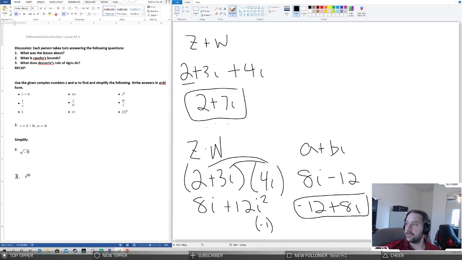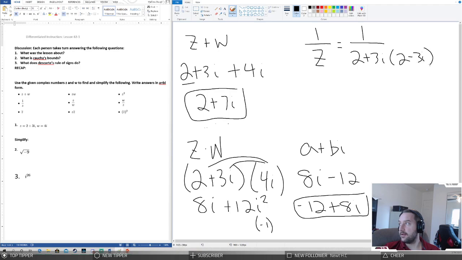All right, let's try the next one. It's 1 over z. So this one is going to be 1 over, and we said z is 2 plus 3i, so it's going to be 2 plus 3i. So for this one, we can't have an i or a square root in the denominator. So for us to get rid of an imaginary value in the denominator, we're going to multiply by the conjugate. So the conjugate's 2 minus 3i, and you have to do that to both the numerator and the denominator.